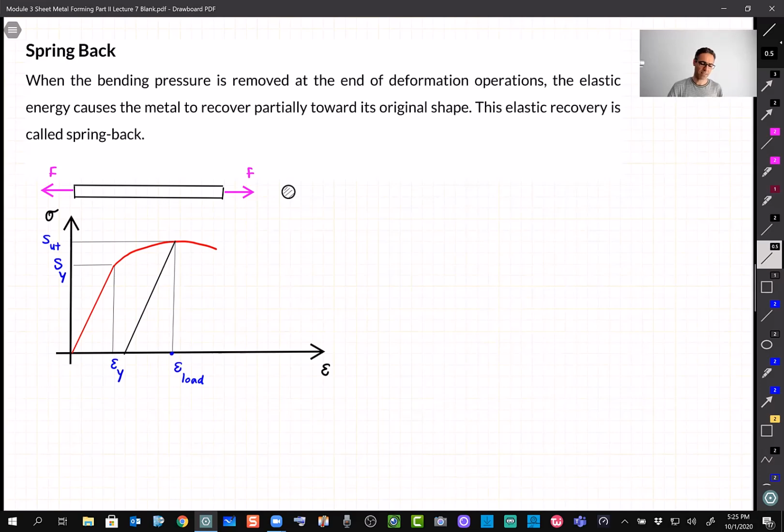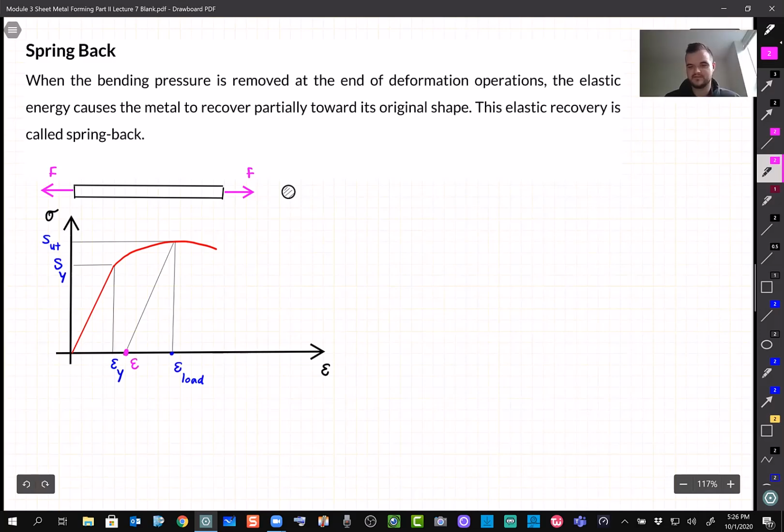Okay, Panos is suggesting it goes back to epsilon y. No, the same distance from 0 to epsilon y. All right, so can we say that if I draw a parallel line from that point, it's going to come back to a point where it is? Panos, can we say it's going to get there? Yes. All right, so that's what we learned before, right?